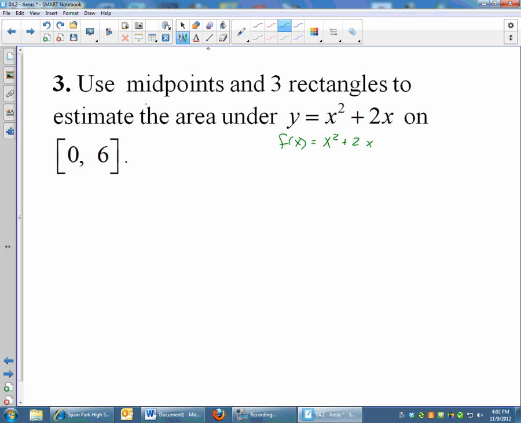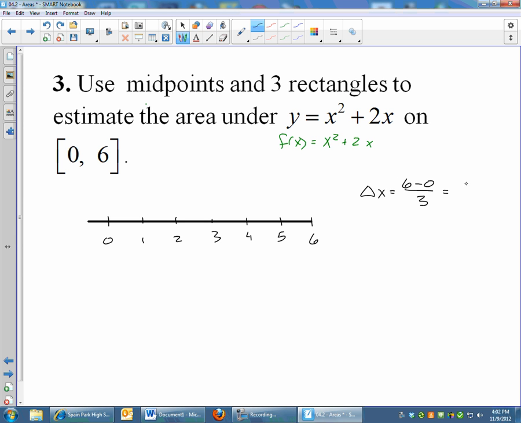So I'm going to sketch out my x-axis and mark it up. So here's my x-axis. I'm going from 0 to 6. So I'll go 0, 1, 2, 3, 4, 5, and 6. And this time we're only using 3 rectangles, so my change in x is going to be b minus a, which is 6 minus 0 divided by 3, the number of rectangles.